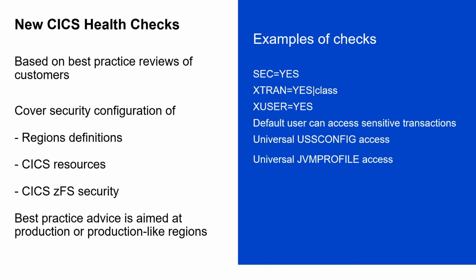Examples of the sorts of checks on there are ones that I'm sure you'll all agree: having security switched on is quite useful to have on a production system, along with transaction security, at least surrogate security. You shouldn't be able to access sensitive transactions with a default user, and universal access on your HFS profiles is not really desirable. We appreciate though that it may not be applicable for all of the regions you've got, because if you've got LPARs which have got test regions on, you may have different security requirements on there. So this is mainly aimed at the production regions.